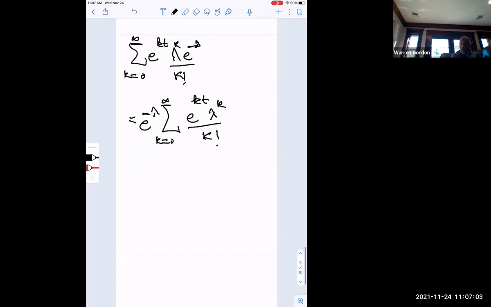Let's look at this a little bit more closely. I have e to the t lambda to the k over k factorial.